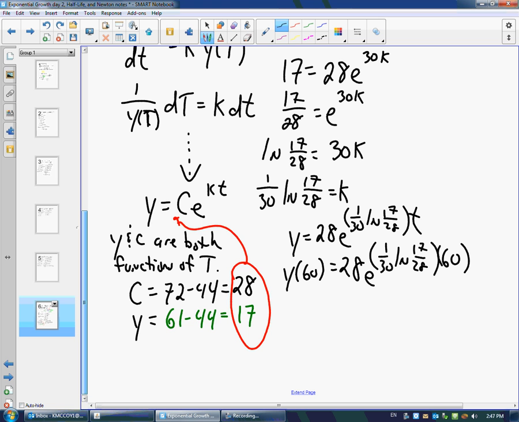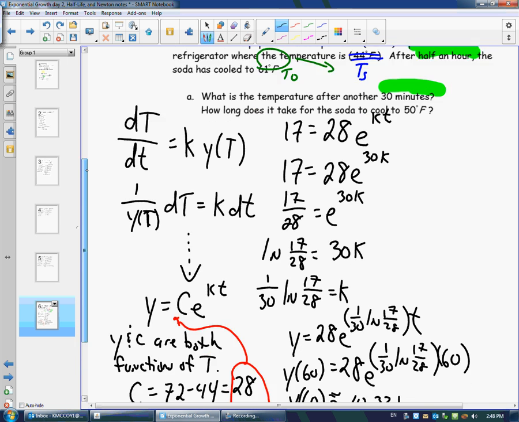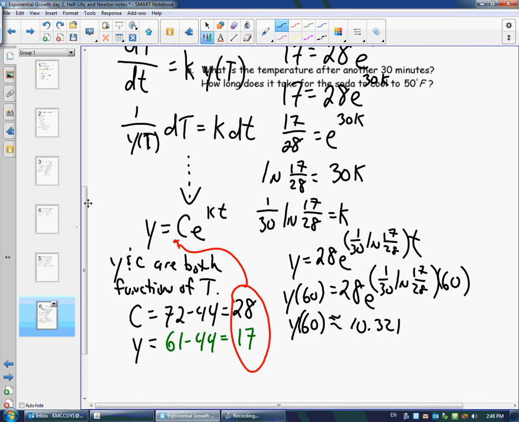Okay, and then you go and plug that into your calculator, and we get that y of 60 is approximately equal to 10.321. And you might say, wait a minute, Mr. McCoy, that doesn't make any sense, because the temperature of the refrigerator was 44 degrees. How is it that my soda is now down to 10.321? That doesn't make any sense.